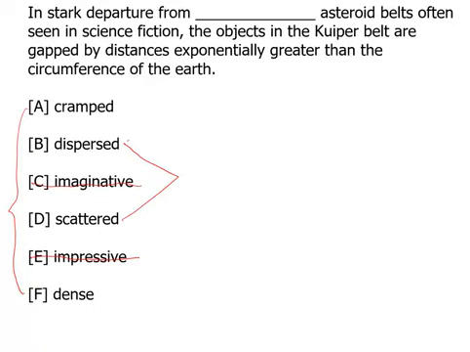Now, dispersed and scattered absolutely do match an idea in the sentence. They match the idea of these big gaps, these great distances between objects in the asteroid belt. But here's the problem. They match the ideas in the second half of the sentence. But the blank is in the first half of the sentence, and the first half indicates a departure from the second half. There's a contrast here.